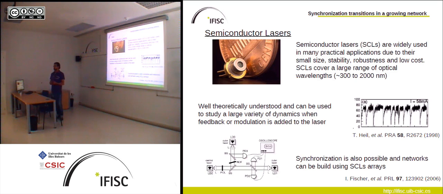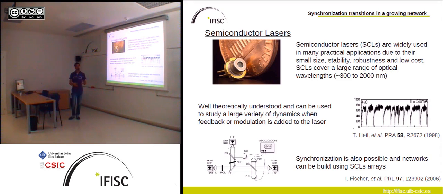And they cover a large range of optical wavelengths. So they are very interesting to study, to find new applications, and different types of dynamics, despite they are very stable, can be induced in these devices. For example, when you use a feedback and you reinject the light of the laser again into the laser using, for example, an external mirror.